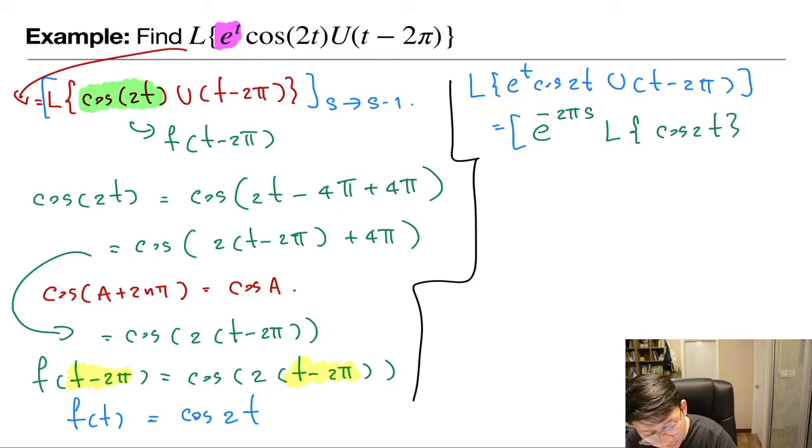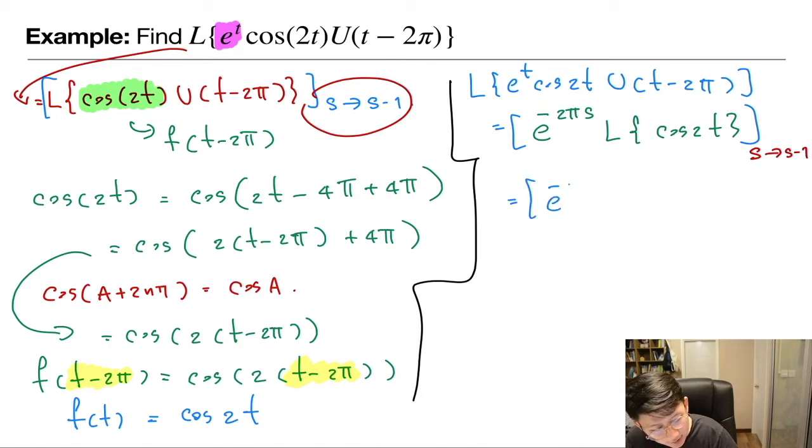And then guys, don't forget that we used the first technique here, so we need to change s to s minus 1. So that would be e to the minus 2 pi s times the Laplace transform of cos 2t, which is s divided by s squared plus 4.